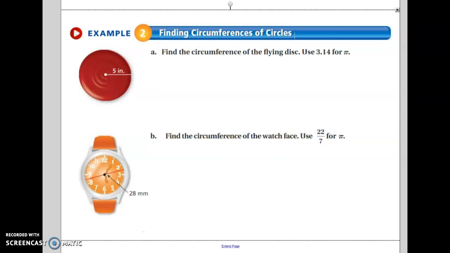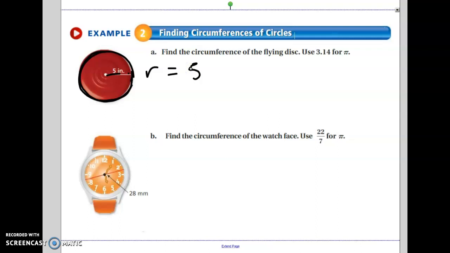So here we are, finding circumference of circles. So this one says, find the circumference of the flying disc, referring to this guy. Taking the circle, finding the distance around the outside. Now they gave us this measurement halfway across, which means in this example, we know that the radius is 5.